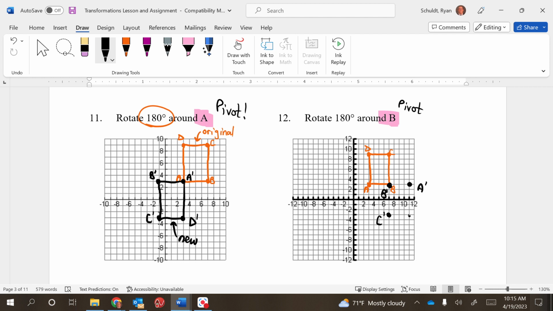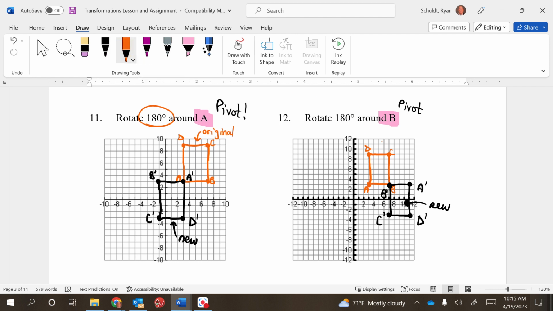And then D prime is going to be right below A. There we go. Here's our new rectangle. So this is the new.